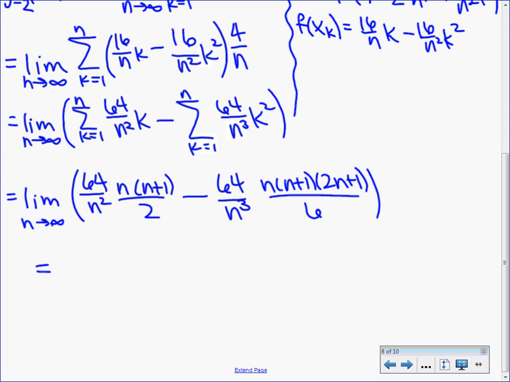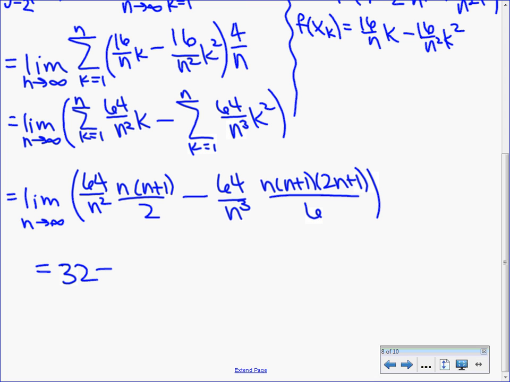So this first limit we're going to evaluate, we have a rational function where the degree on the numerator and denominator is both 2, correct? So we look at the horizontal asymptote, which is the ratio of our coefficients. What's going to be the ratio of our coefficients? 64 over 2, 32. Minus.